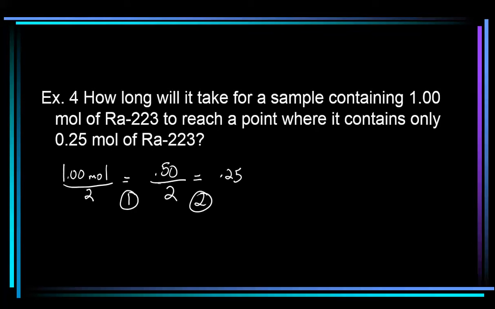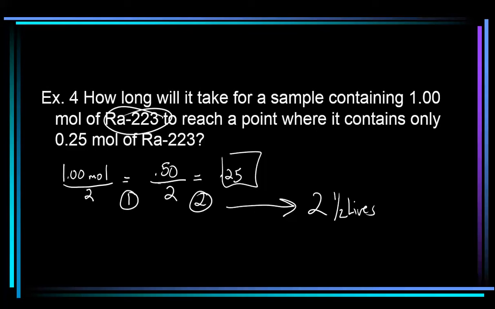Okay, is that our goal? Yes, that is our goal. So how many half-lives went by? 2 half-lives. What is the half-life of 223? According to that chart that we saw a few minutes ago, it's 12 days. So how much time will have to expire in order for us to take that sample from 1 mole to 0.25 moles?